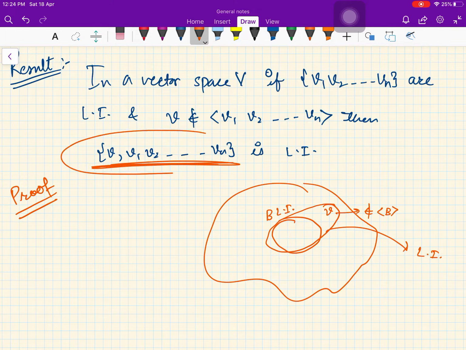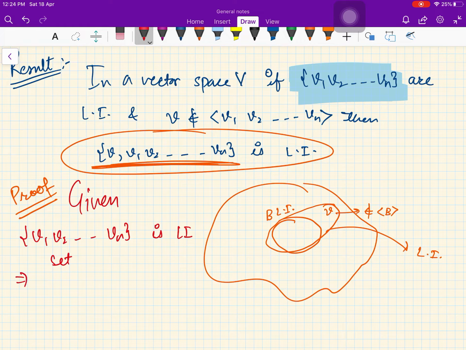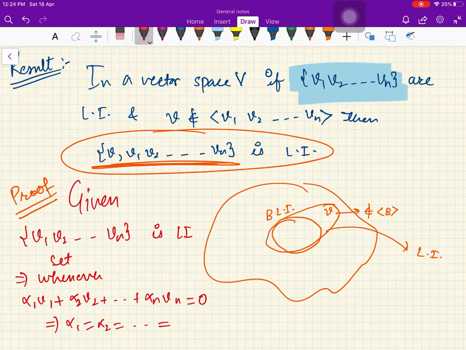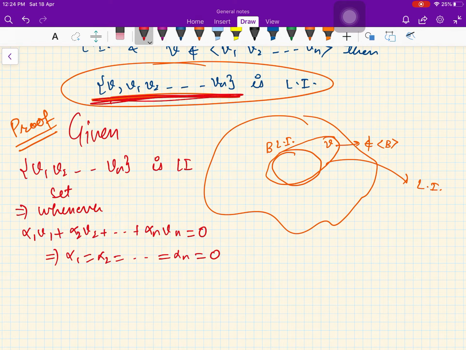Okay, so now you want to prove that this set is linearly independent. This is your task, and you are given that v1, v2, vn is a linearly independent set. So let us start from there. It means that whenever alpha 1 v1 plus alpha 2 v2 plus so on alpha n vn equal to 0, it implies alpha 1, alpha 2, alpha n are all 0.